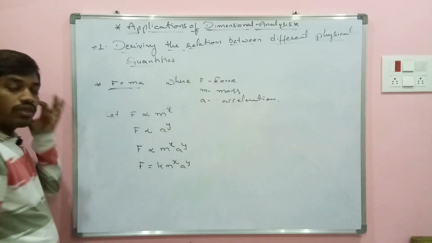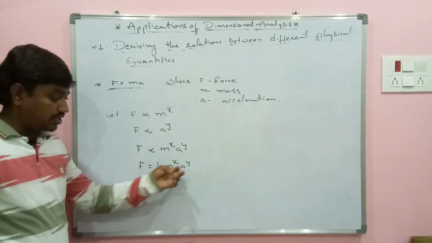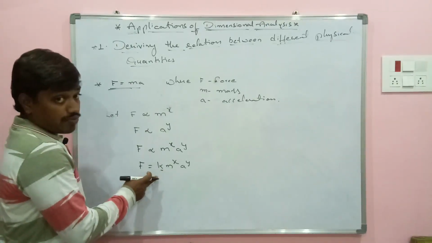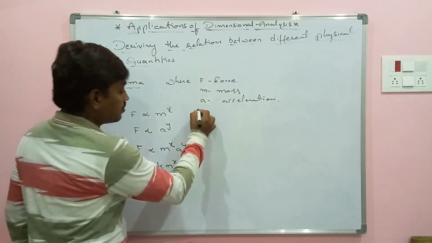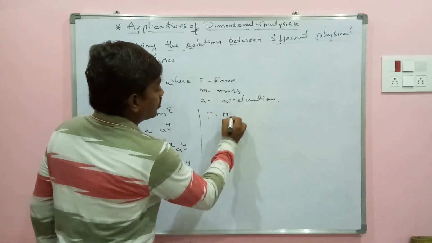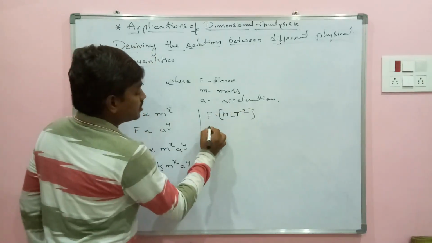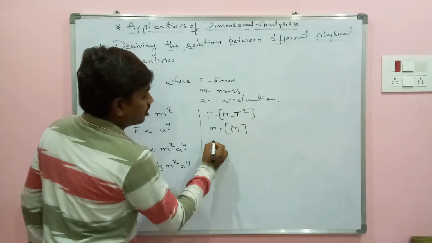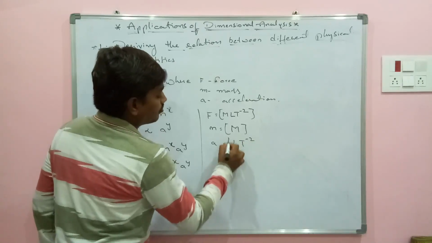y. Now if I just apply the dimensional formula for force and mass and acceleration, here k is a constant, it is a proportionality constant and it has no dimensional formula. So these terms have a dimensional formula. Force dimensional formula is M L T to the power of minus 2, and mass dimensional formula is capital M, and acceleration dimensional formula is L T to the power of minus 2.